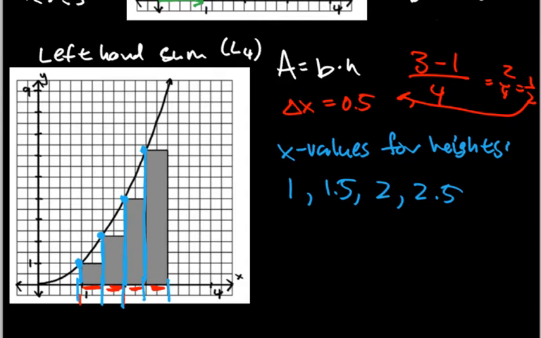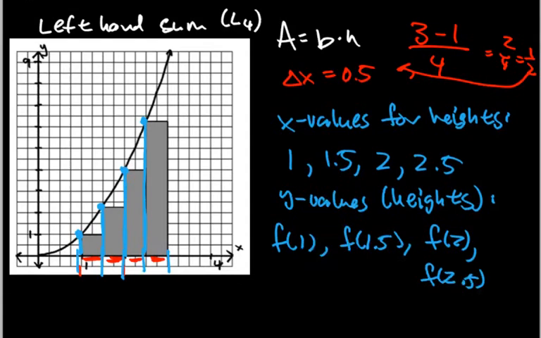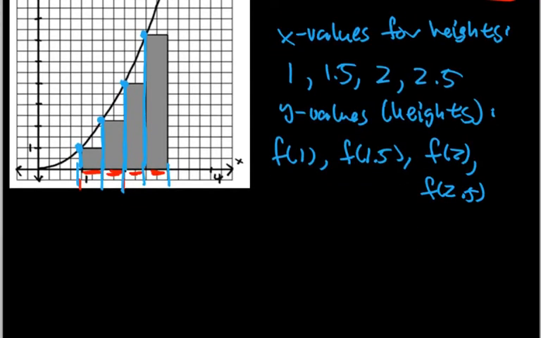Okay, anyway, so if we know the x values, then we can define the actual function values, right? So we can find the y values, otherwise known as the heights. So they're at f of 1, f of 1.5, f of 2, and f of 2.5. But there's actually something interesting about that, because notice that when I was talking about these 4 in the first place, I was saying we get 1, and then we add 0.5. I'm going to write delta x here, actually. And then we add, to this, we add another 0.5.